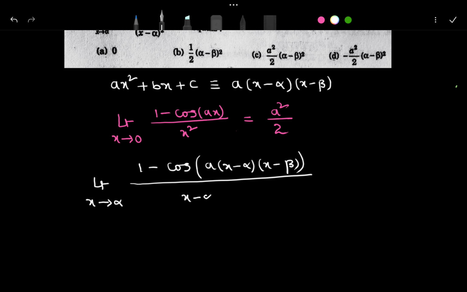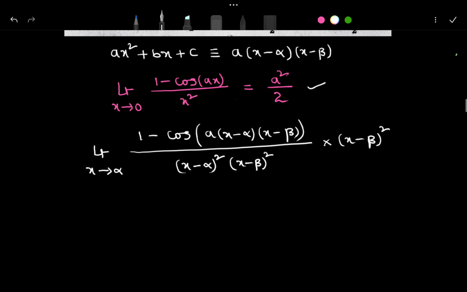So now to convert this into the standard form, I will multiply and divide it with (x minus beta) whole square. So now when x is tending to alpha, (x minus alpha) into (x minus beta) becomes 0. So now by applying the second formula, limit x tending to 0 of 1 minus cos of ax by x square is equal to a square by 2.